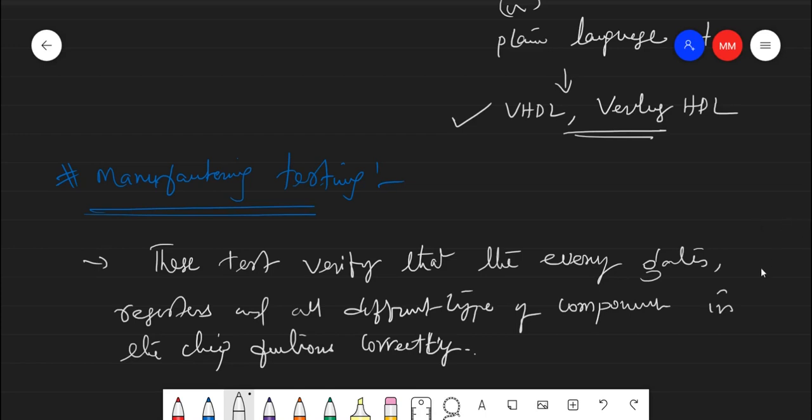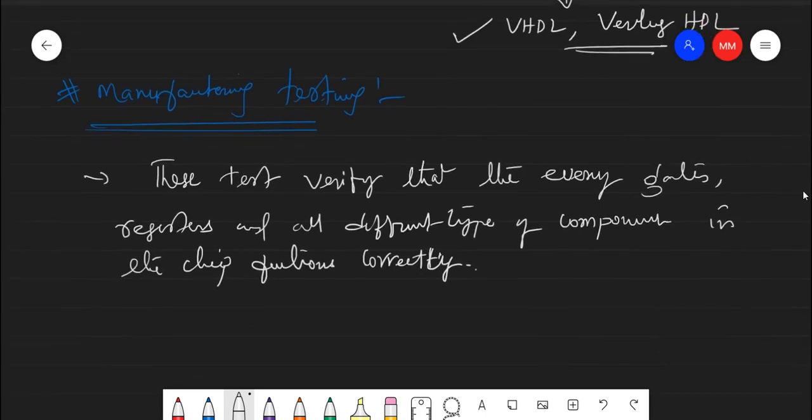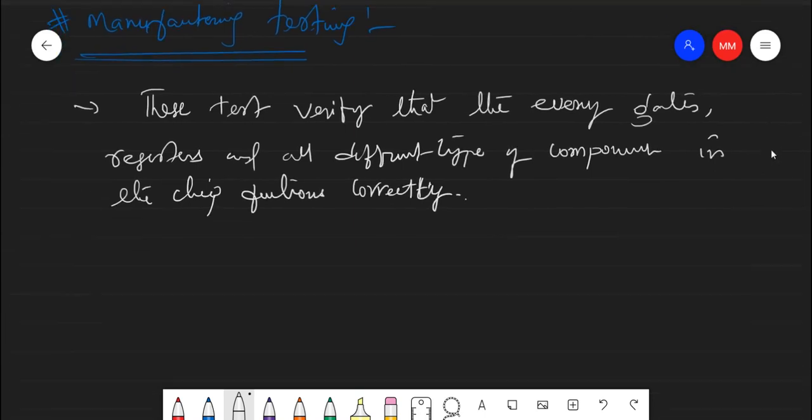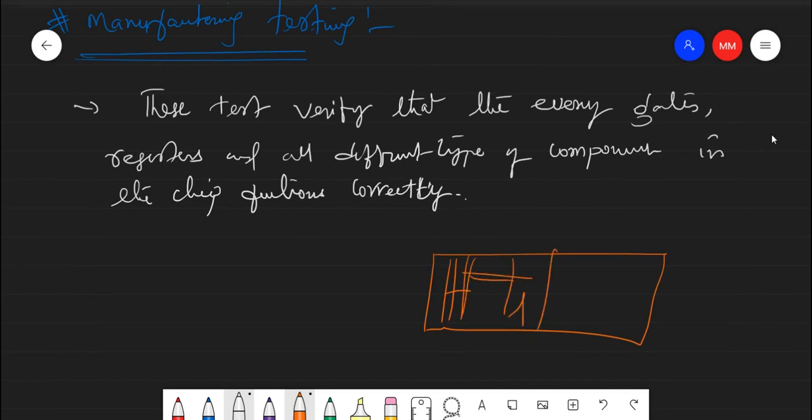In the first unit we studied CMOS fabrication. In fabrication, suppose this is my design, a circuit designed internally on the chip.